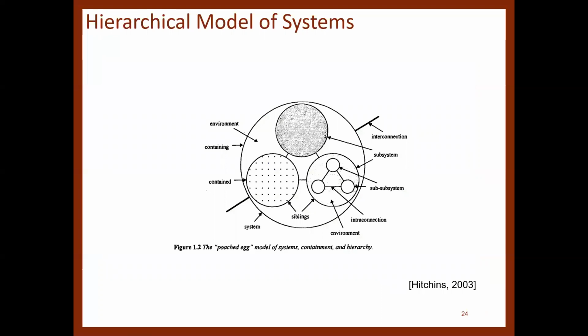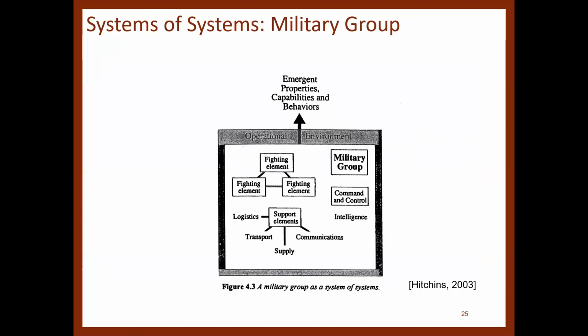So there are different ways of representing systems of systems. We can use a pull check diagram as we discussed already. Here in this figure, we have a military group as a system of systems. So we have the fighting element, the command and control, and the support elements in the military group.